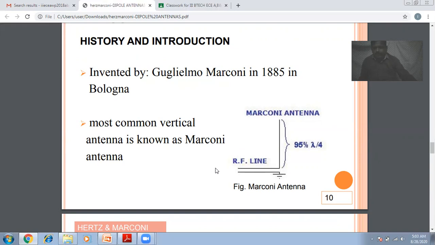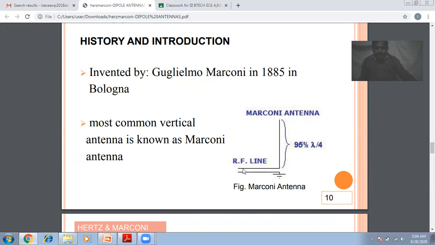When compared to the dipole antenna, people prefer this monopole antenna. It is because the dipole antenna requires a balun, an extra device. But the monopole antenna, that means the Marconi antenna, requires no balun.